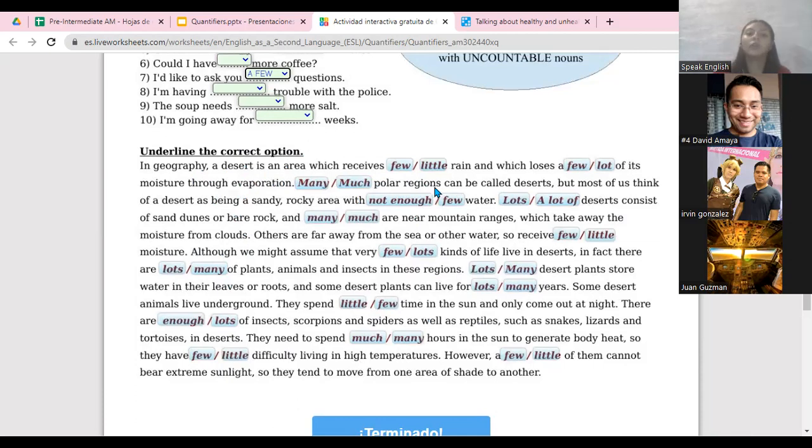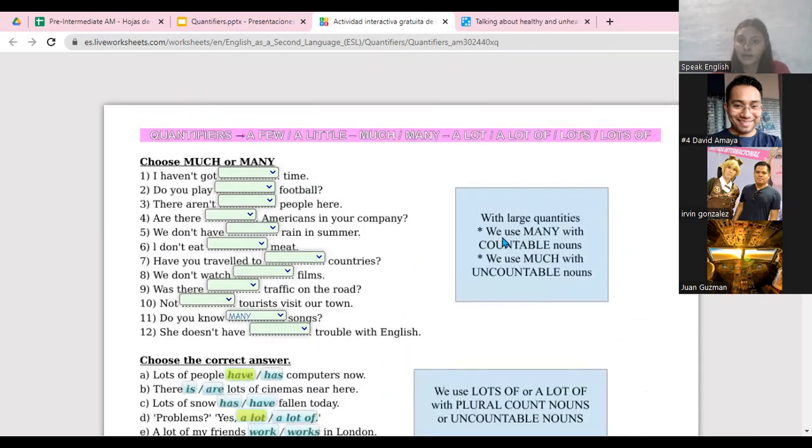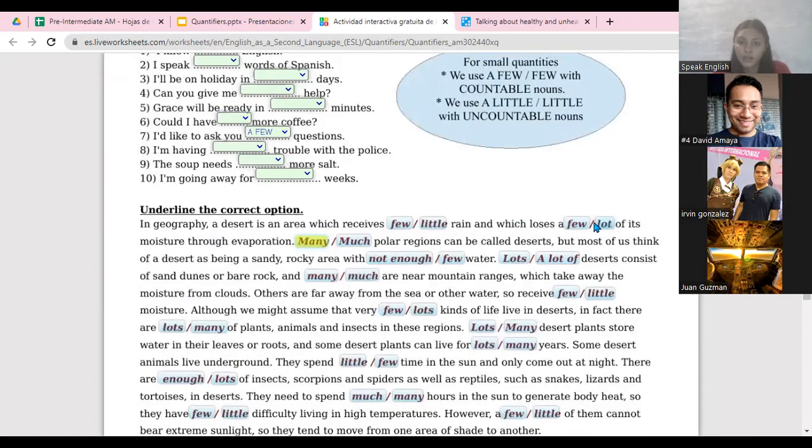Is this plural or singular? Plural. So many or much? Many. Because the rule says many is for countable. So let's check another one.